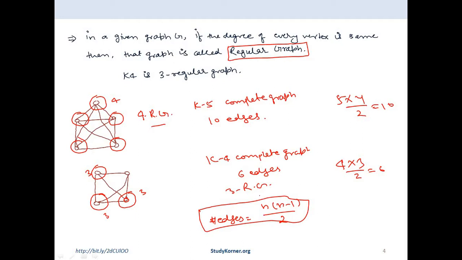Okay. Now, if I have 4 vertices, then I have 4 into 3 by 2, which means 6 edges are there. Based on these 6 edges, how many types of simple graphs are possible?